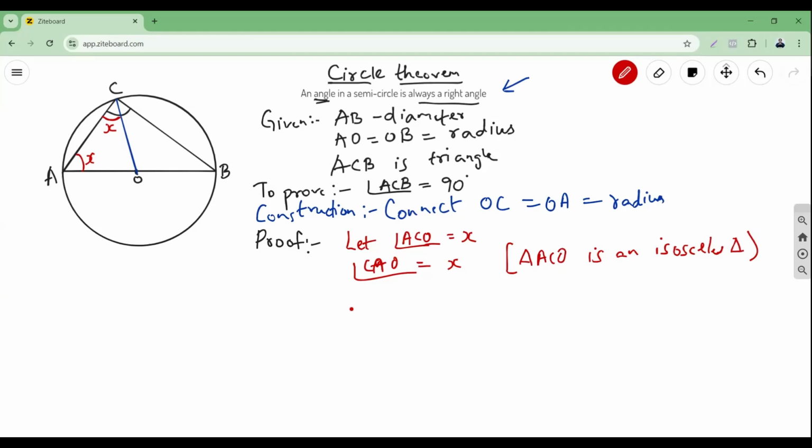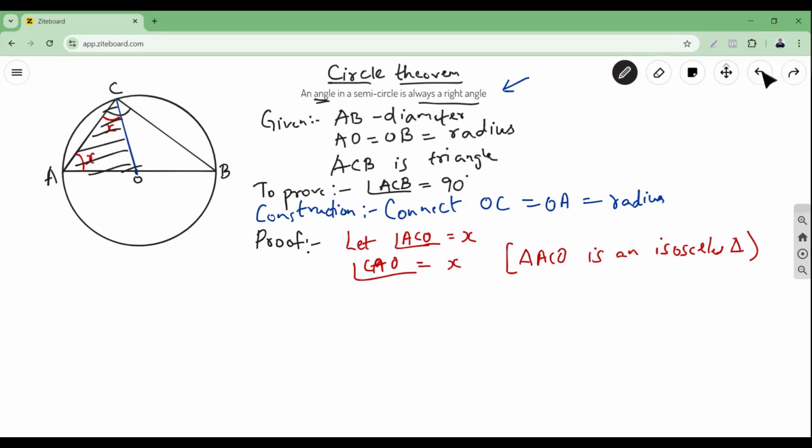Now, next thing is we know two interior angles. Is there something we know about interior angles and exterior angles of a triangle? Yes. We know that the exterior angle for this triangle is angle COB, right?